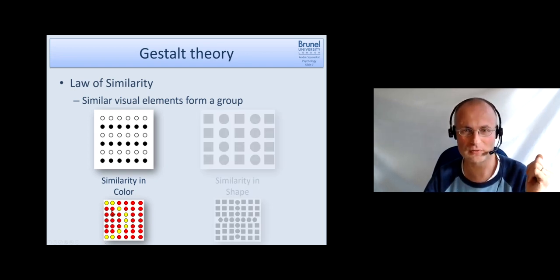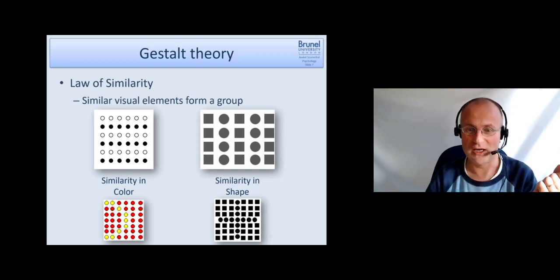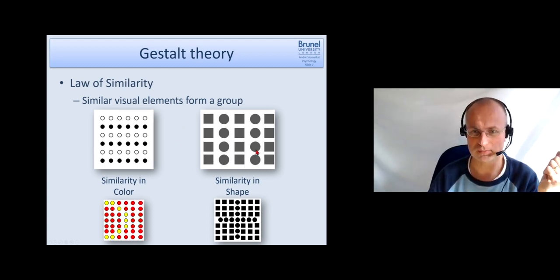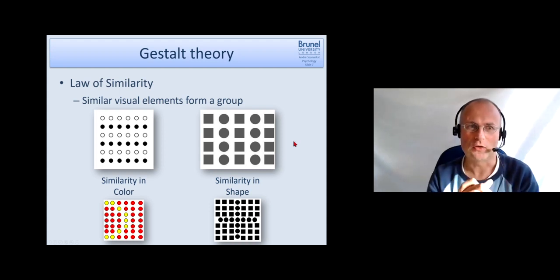We may also have similarity in shape, for instance, so we automatically group this into columns of squares and circles. So similar visual elements form a group. That's the law of similarity.